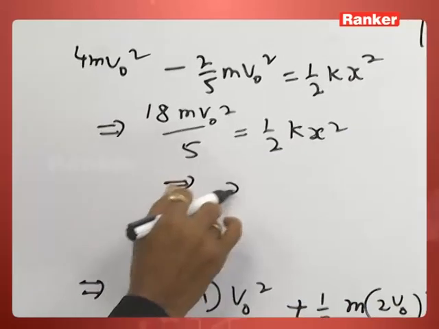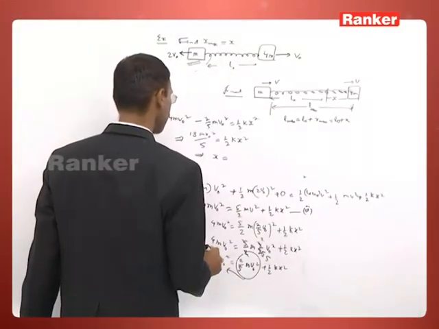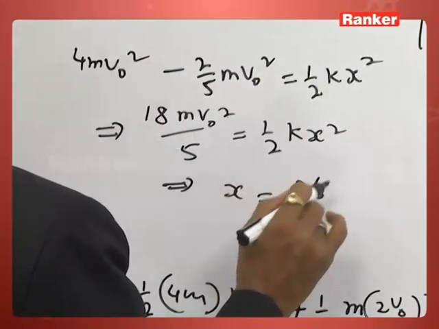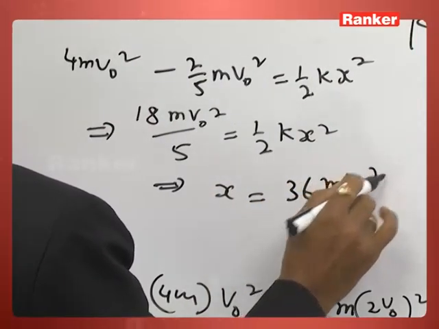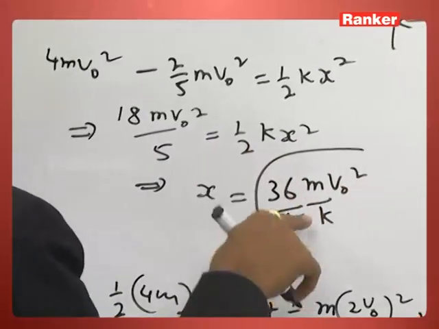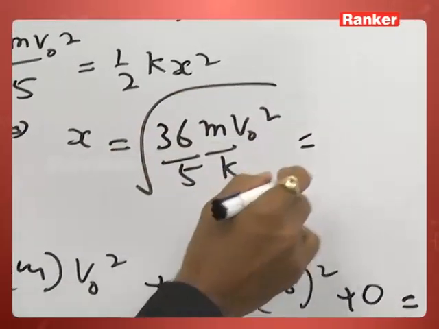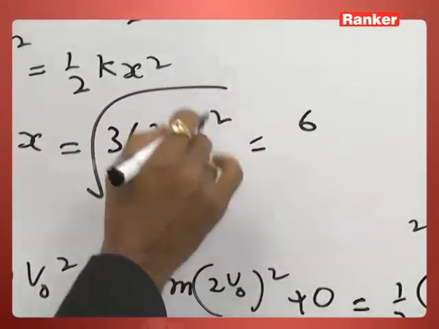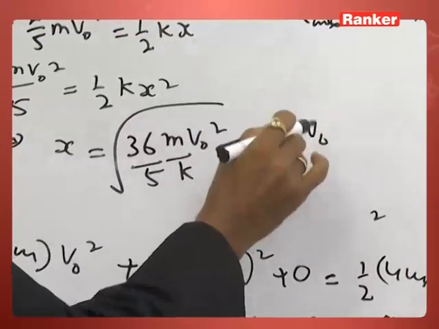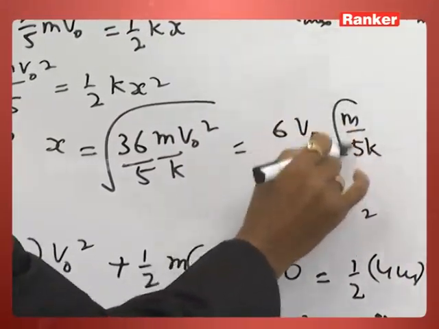In the final step you are getting x is equal to square root of 36 m v naught square by 5k. 36 square root is 6, so x equals 6 v naught times square root of m by 5k.